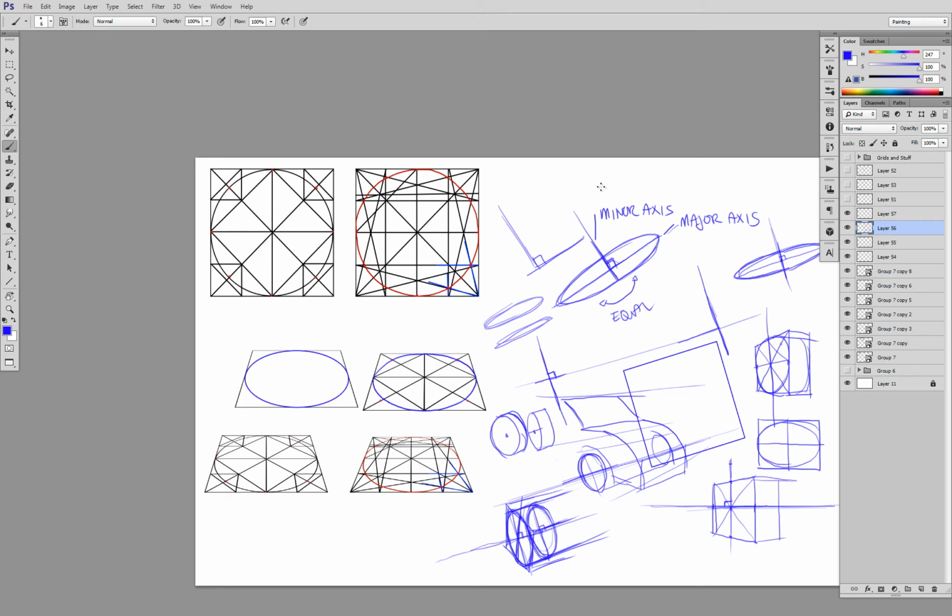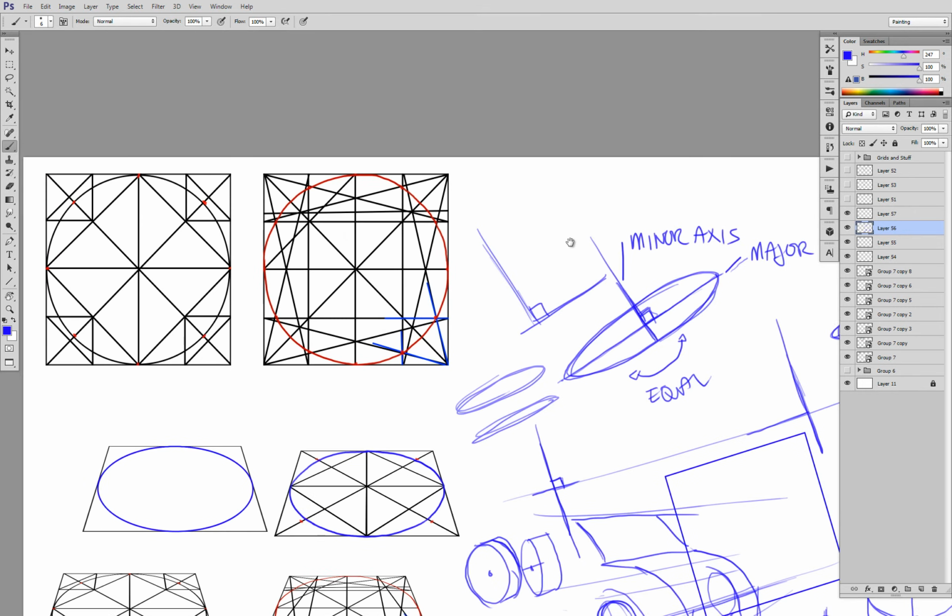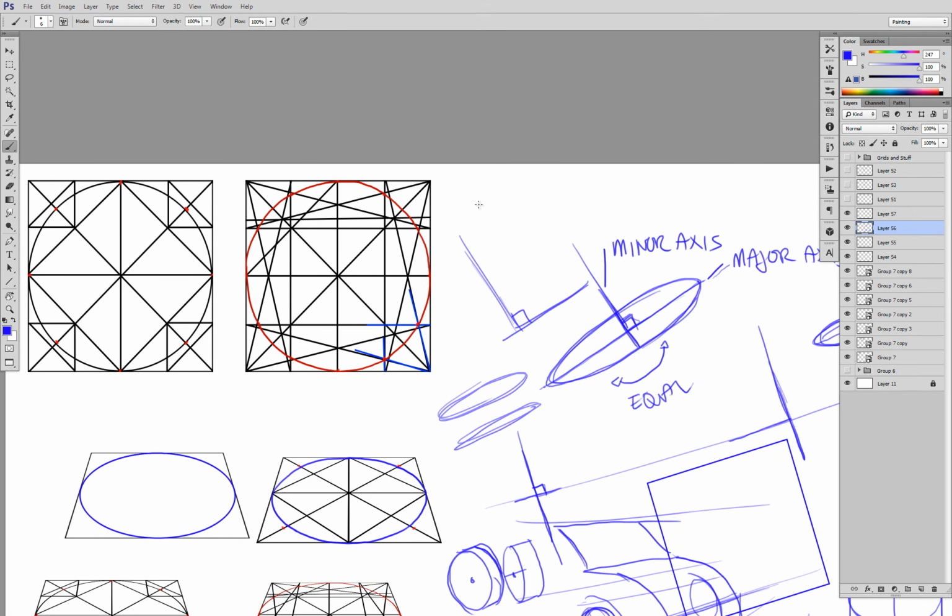Basically, once you get to the levels of distortion where we're drawing boxes and things right out on the edge, really what you need to do at that point is draw it in 3-point perspective, because it's starting to become artificial.